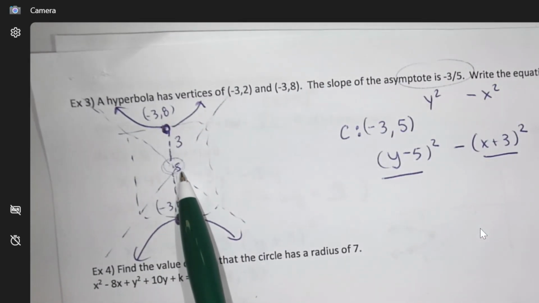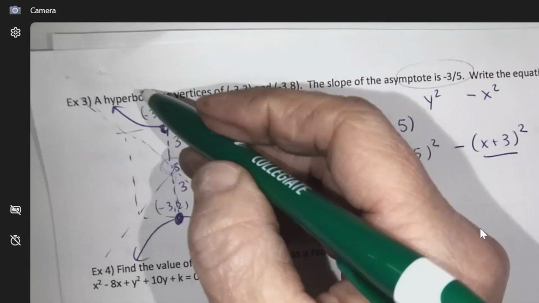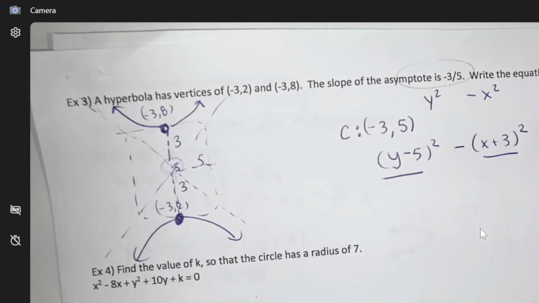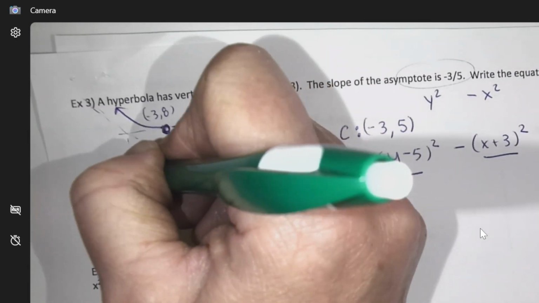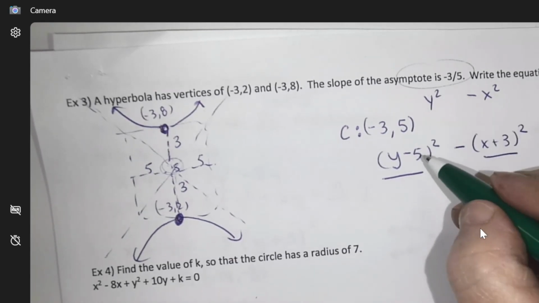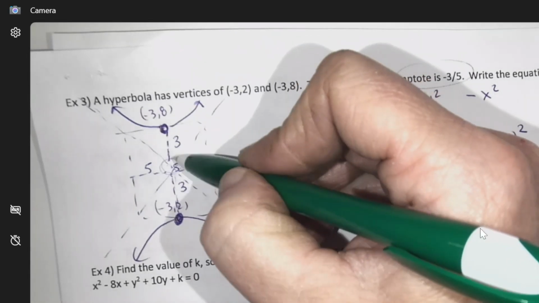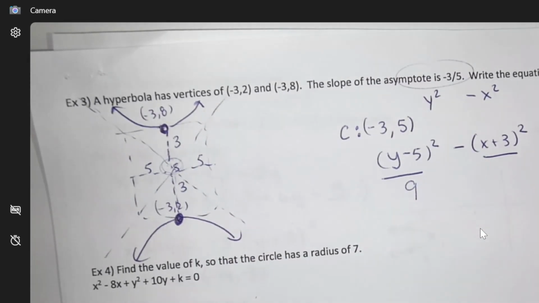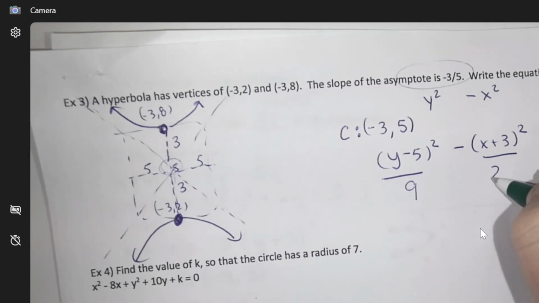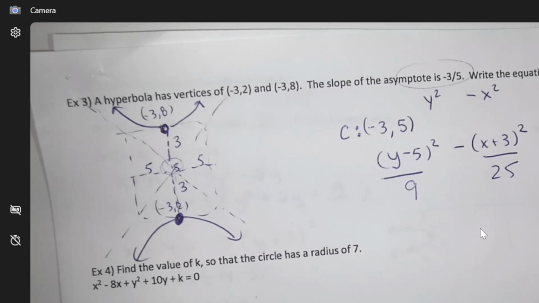Okay, so that means if I move down 3, I should move over 5. So that means I will have to jut over 5. So now, underneath my y, I'm going to write a 9, because I can see here my vertical space was 3. And under x, I'm going to write 25, because I can see the sides are 5 and 5.